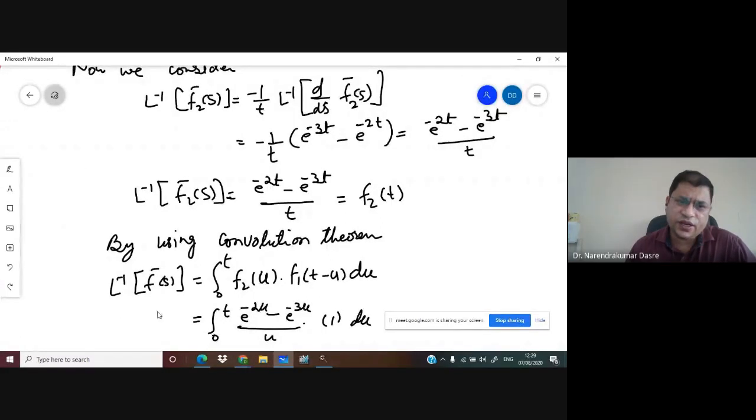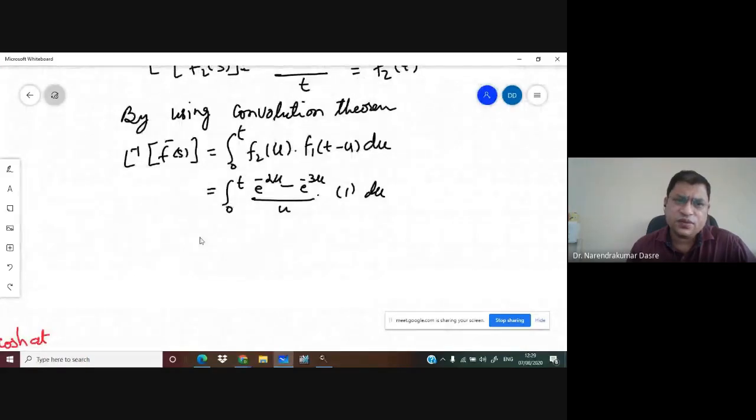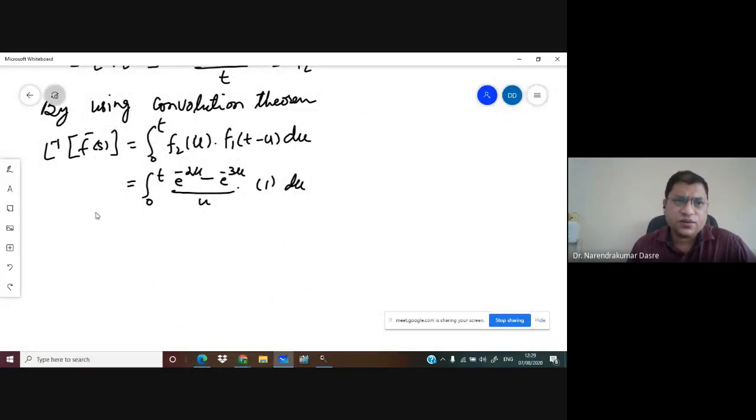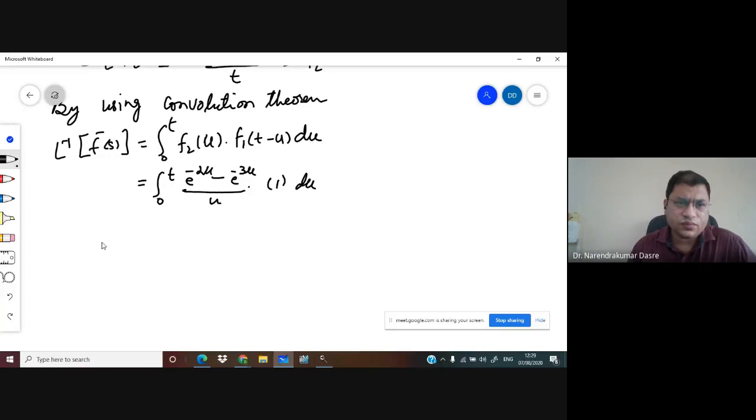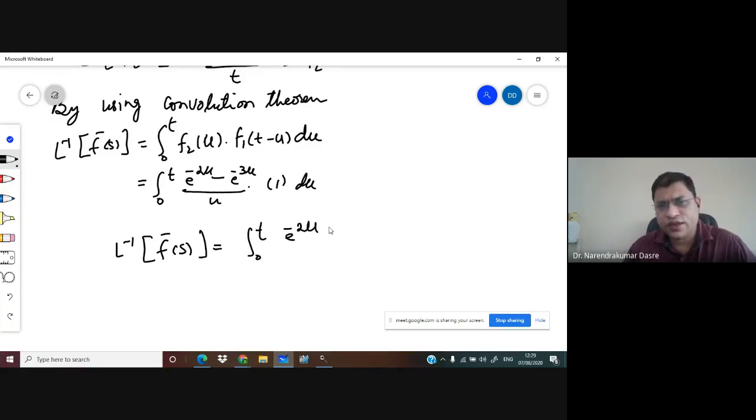So the Laplace inverse of f bar of s is equal to the integral from 0 to t of (e raised to minus 2u minus e raised to minus 3u) by u du.